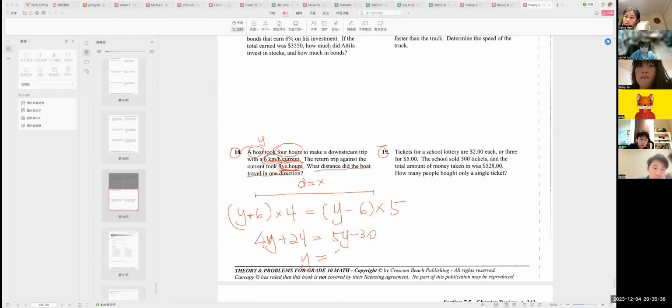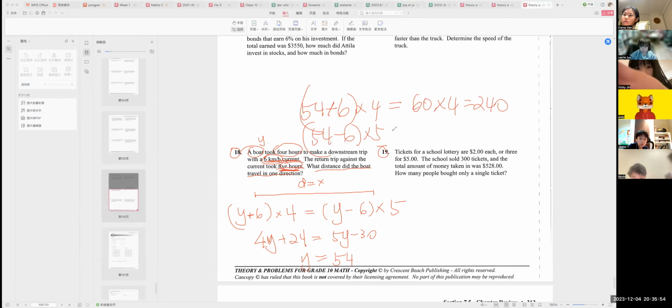So y equals 54. So what is the distance? 54 plus 6 times 4 equals 60 times 4 equals 240, or 54 minus 6 times 5 equals 240 as well.